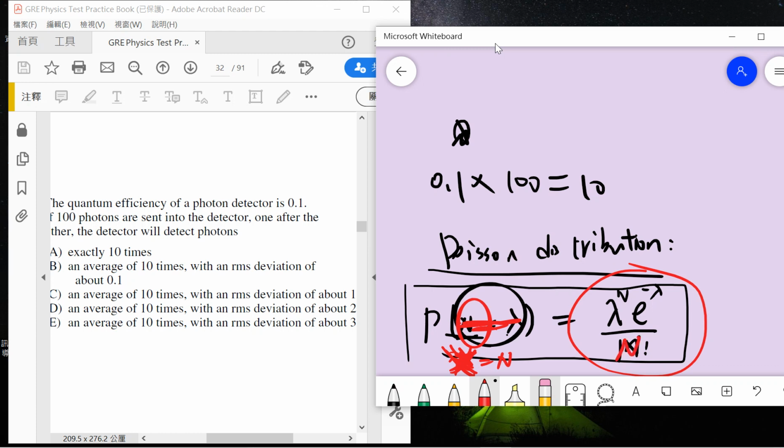You can easily check that when you sum over all the possible outcomes, it is 1. This is due to the Taylor expansion of the exponential of lambda.